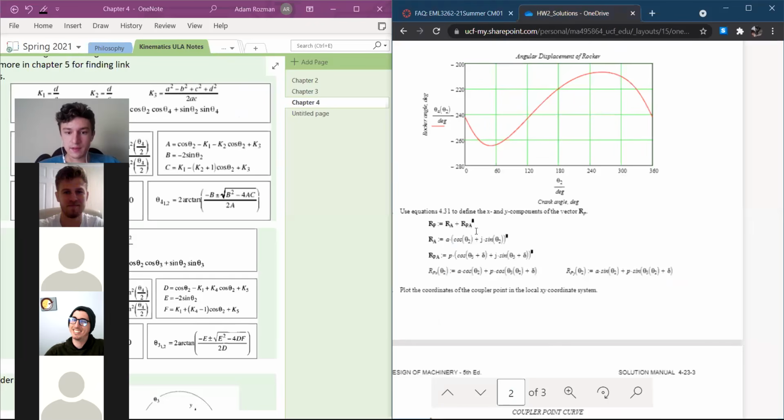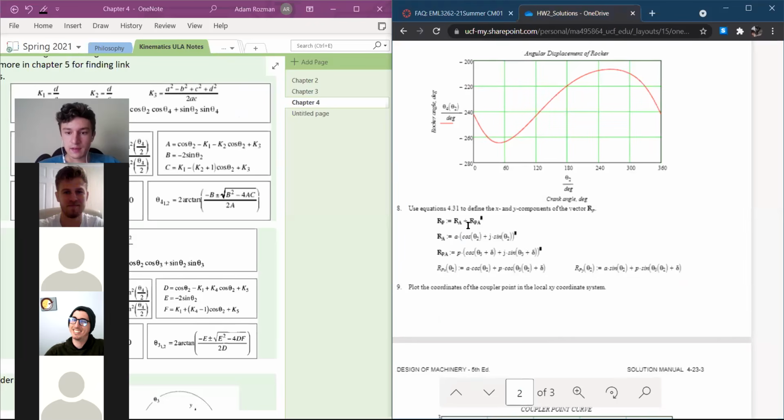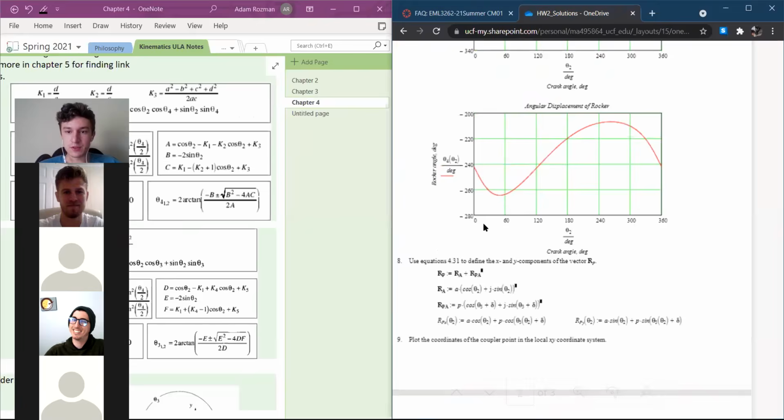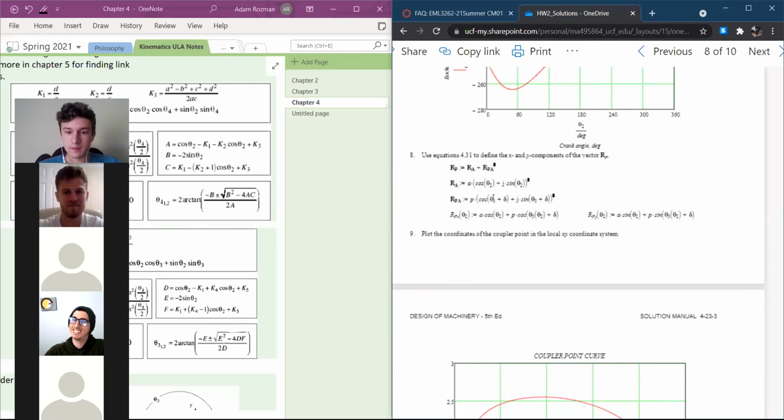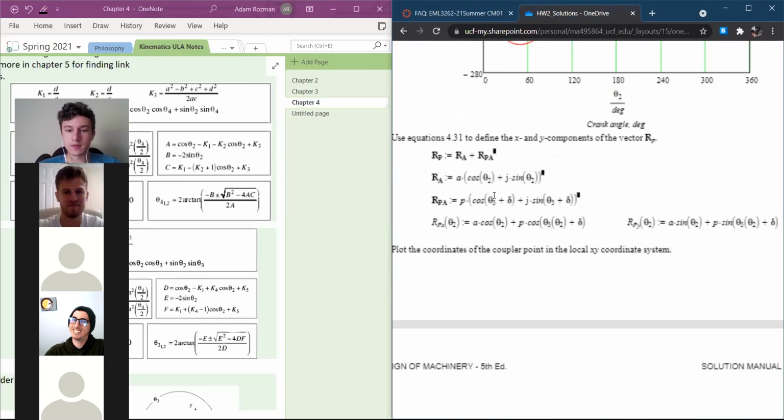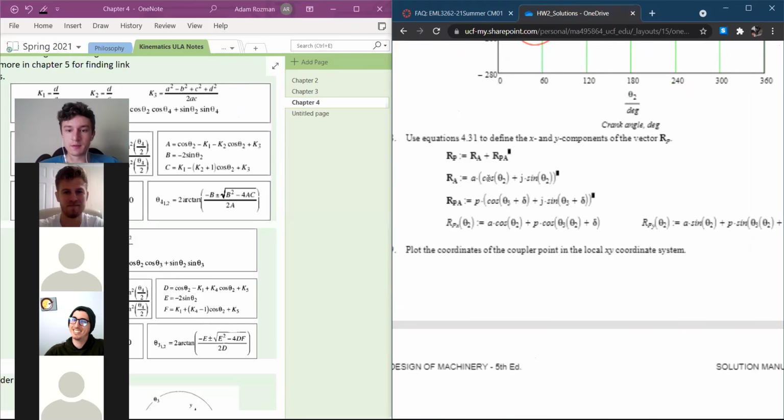Again, finding the R components, you're just doing vector addition. So they break it into the I and the J components of your A, which is your X and your Y basically.